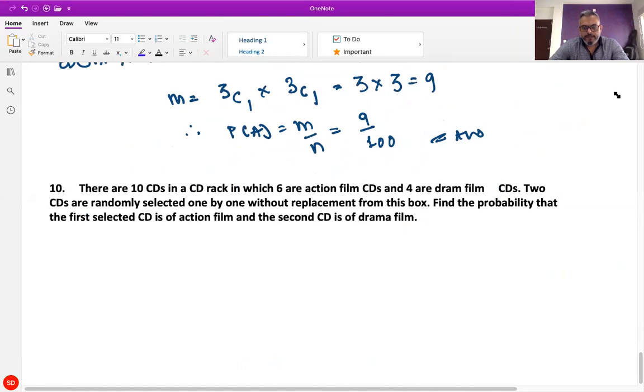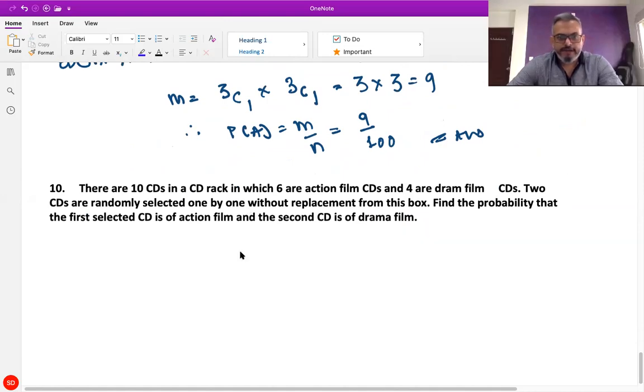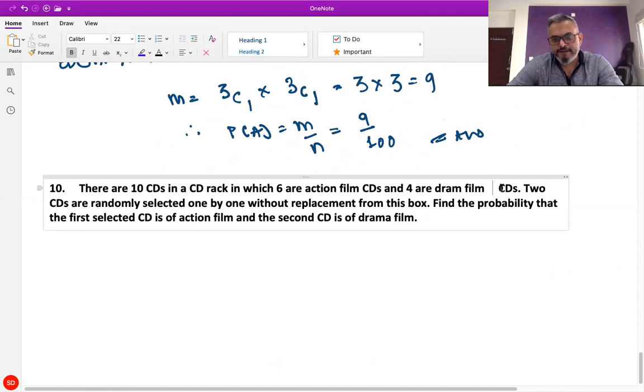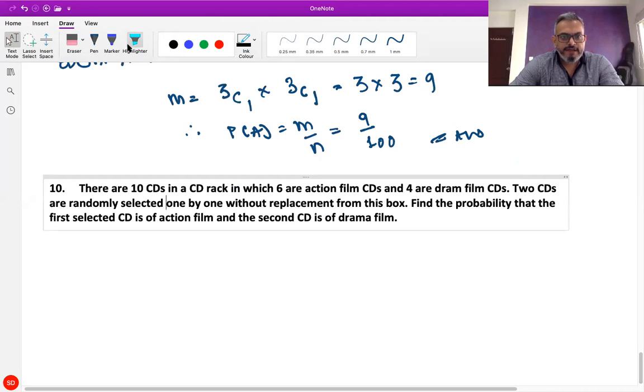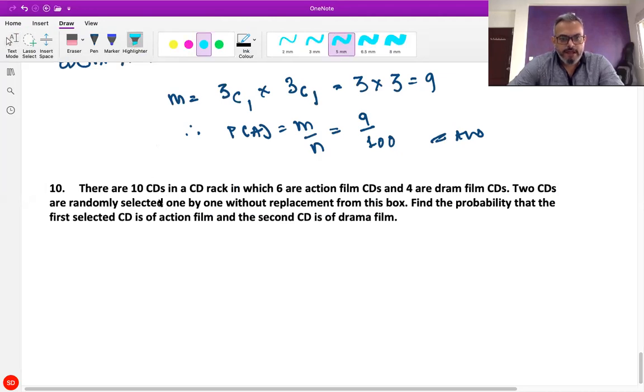There are 10 CDs in a CD rack, in which 6 are action film CDs and 4 are drama film CDs. Two CDs are randomly selected one by one without replacement from this box.